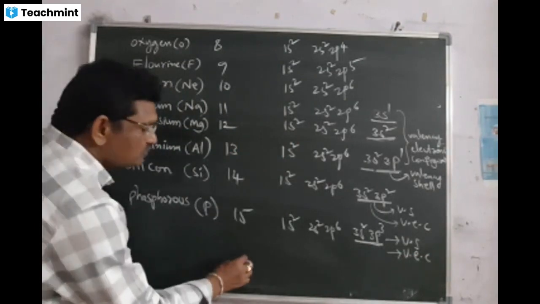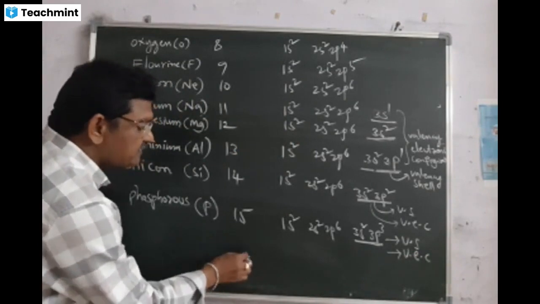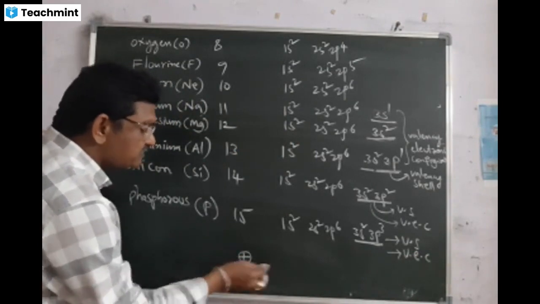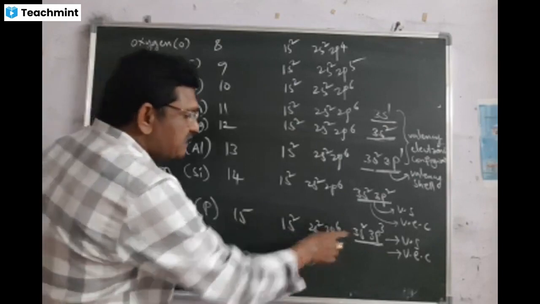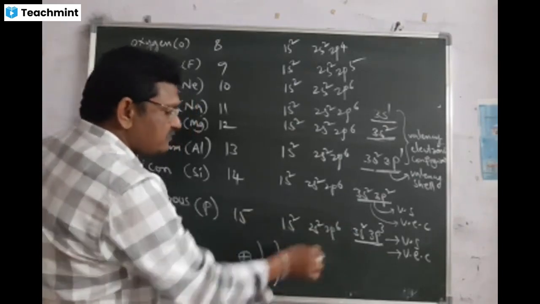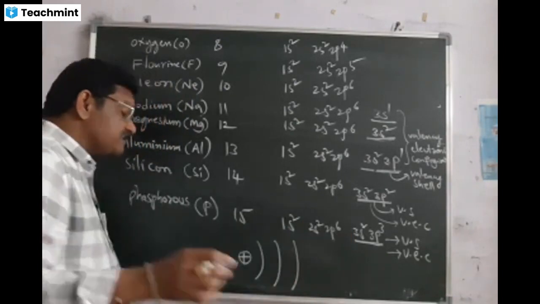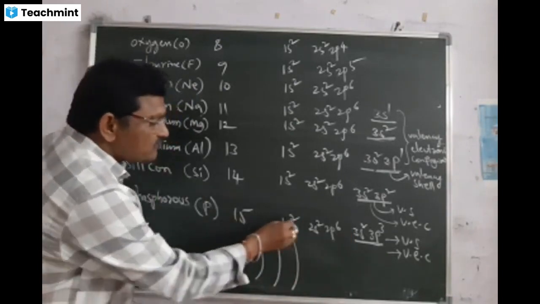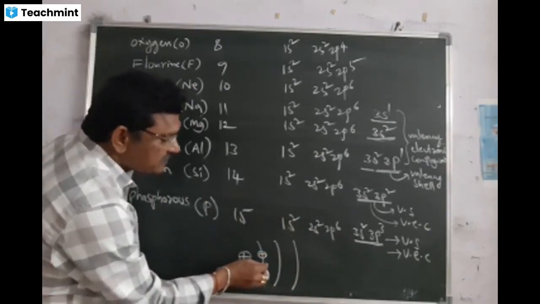See, here I want to show the phosphorus atomic structure. This is the nucleus. How many cells are there in phosphorus? This is the first cell, second cell, third cell. Here in 1s2, 2 electrons are present.